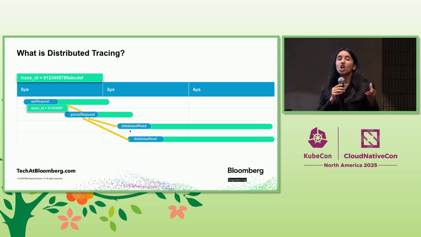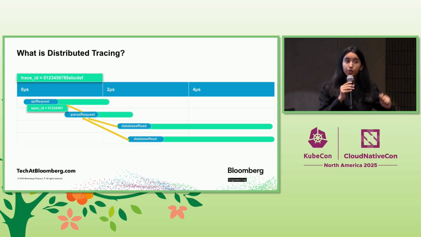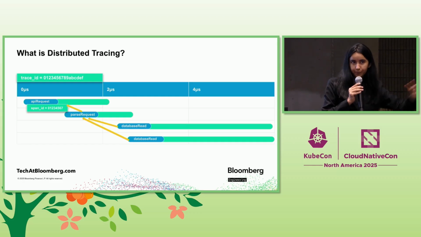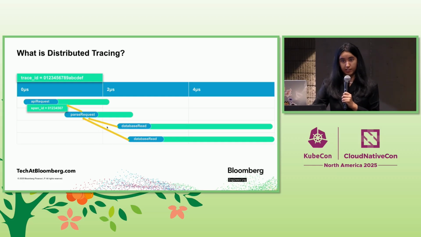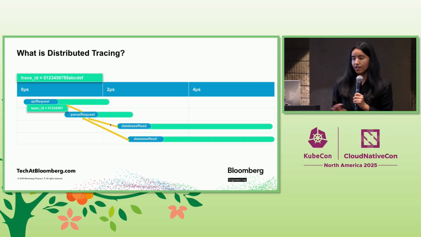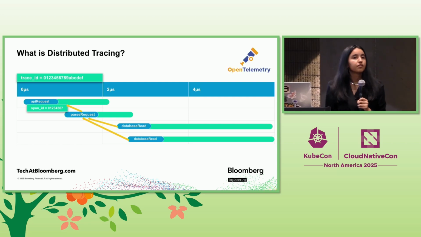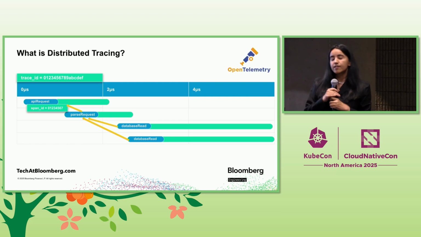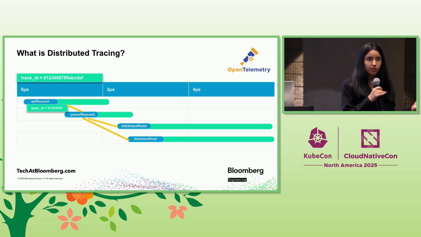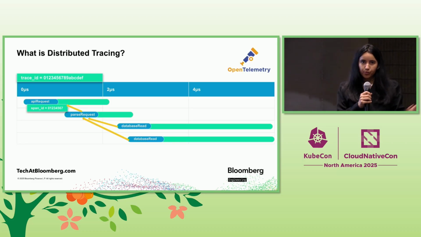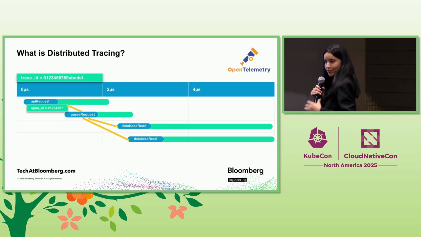That is to say that a callee service will know who the caller was. And that's what you see here in these yellow arrows. So that's a super quick overview of distributed tracing, which of course is part of the OpenTelemetry standard. And this standard allows us to visualize the path that requests take through complex distributed architectures.